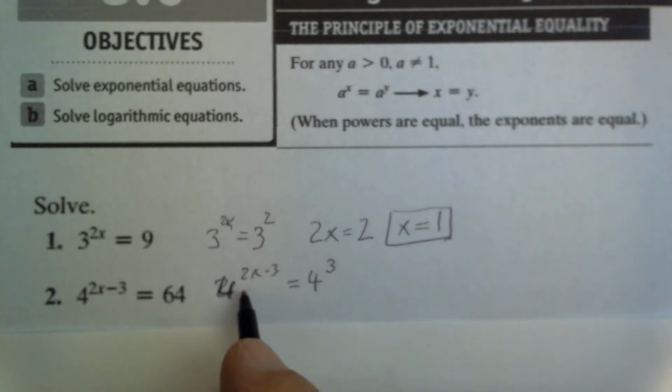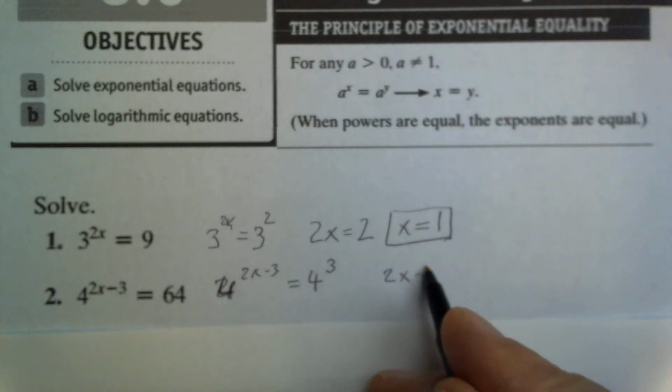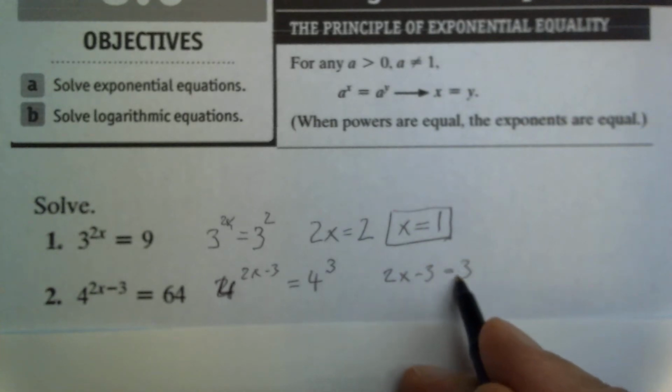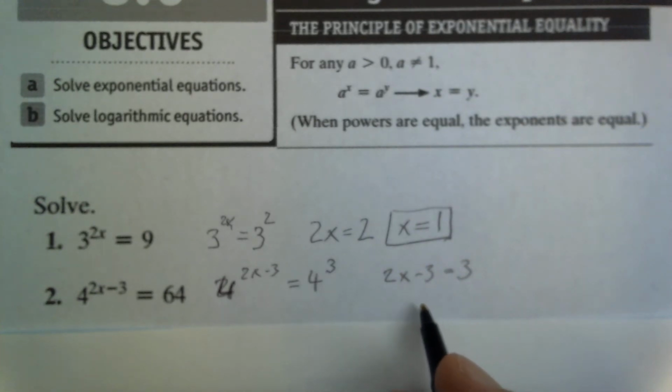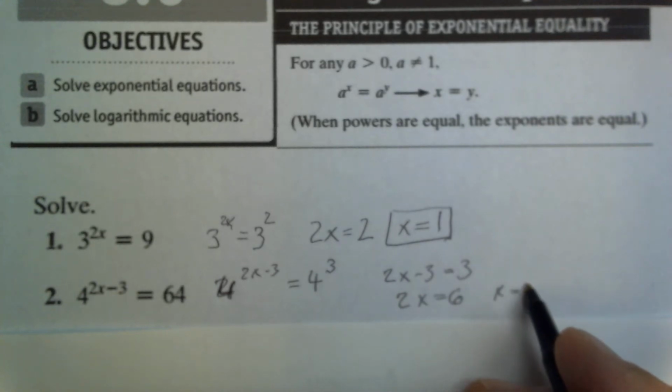Again, the bases are the same, so the exponents are the same. So it means 2x minus 3 equals 3, or 2x equals 6, or x equals 3.